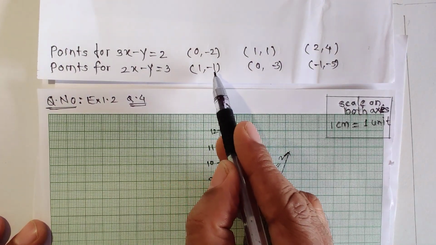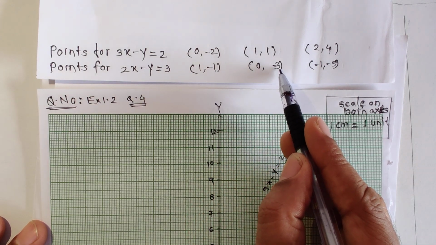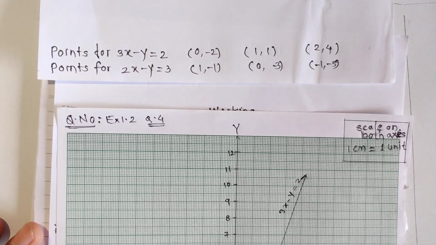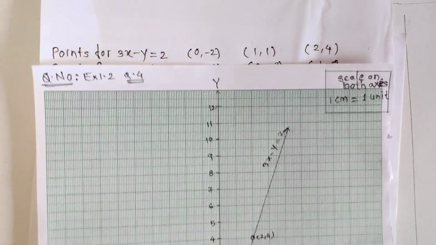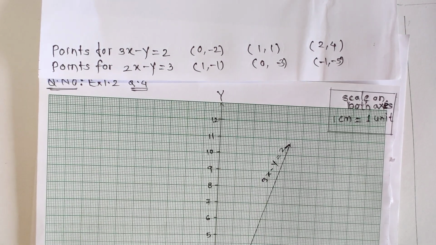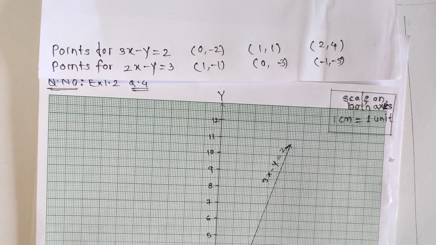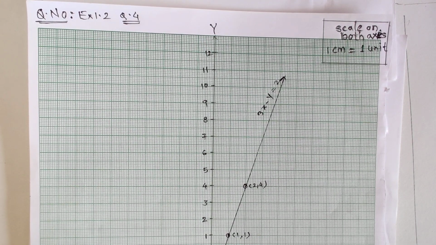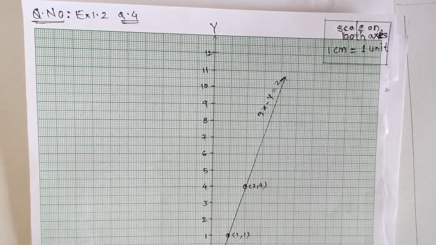The coordinates are 1, -1, which is in the fourth quadrant. 0, -3 is on the y-axis. -1, -5 is in the third quadrant. So here 1, -1. The second one is 0, -3 on the y-axis.